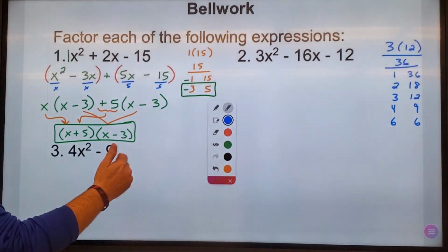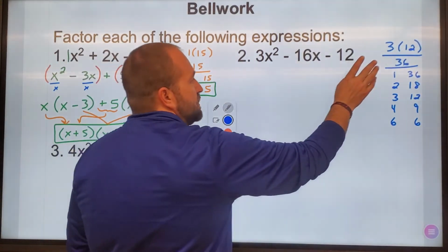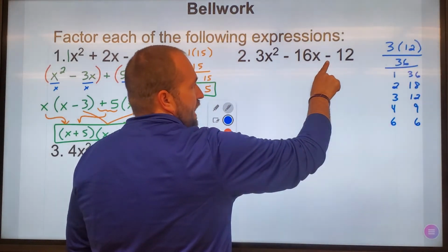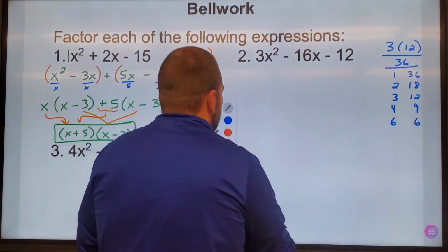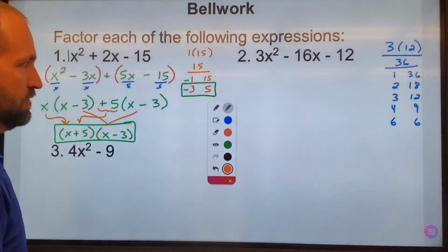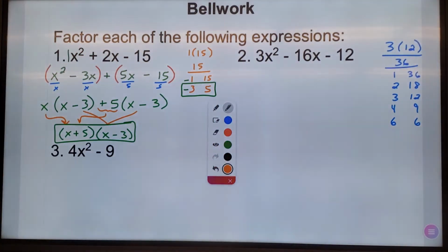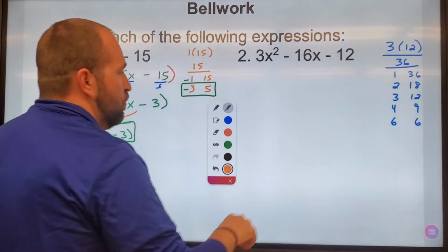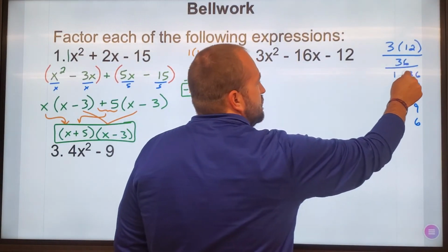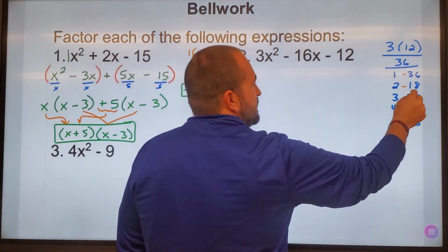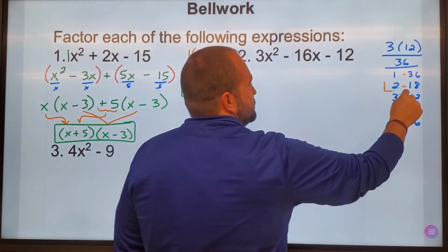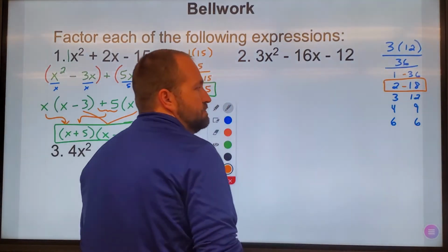Again, working my way back, factors of 36 that subtract to get negative 16. Because we're subtracting to get a negative number, I want to take the small one minus the large one. So 1 minus 36 would not work. 2 minus 18, though, is negative 16. So we're just going to stop there.